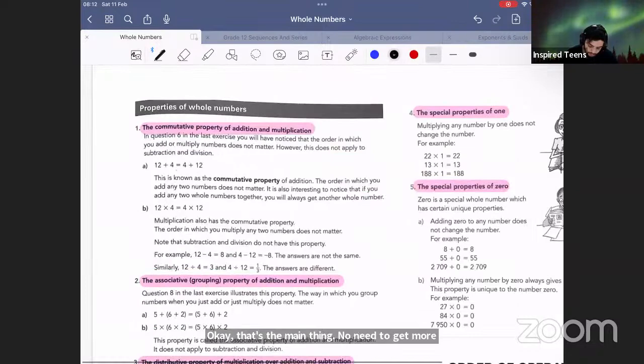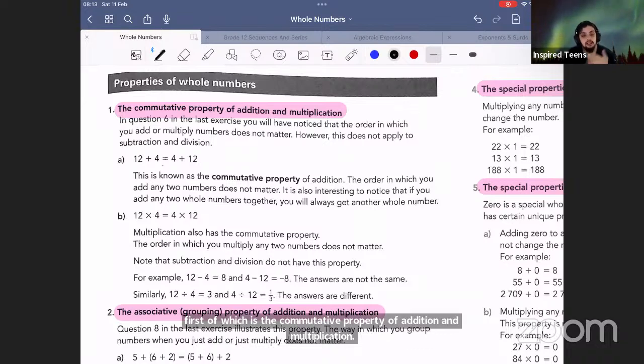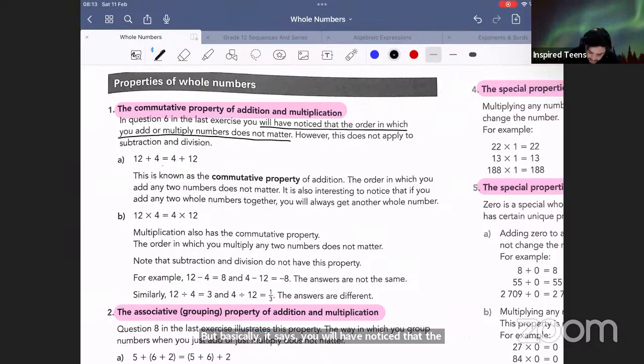Let's move on and discuss some of the properties of whole numbers. Some important properties that you are required to know. The first is the commutative property of addition and multiplication. In question 6, it says you will have noticed that the order in which you add or multiply numbers does not matter.